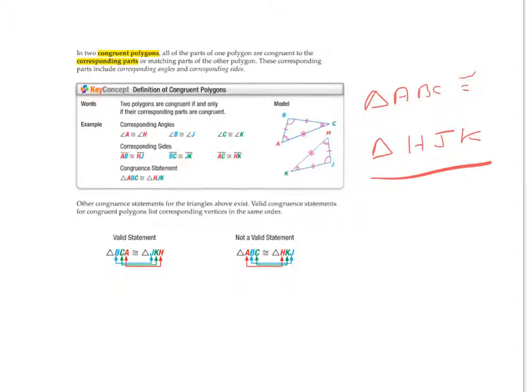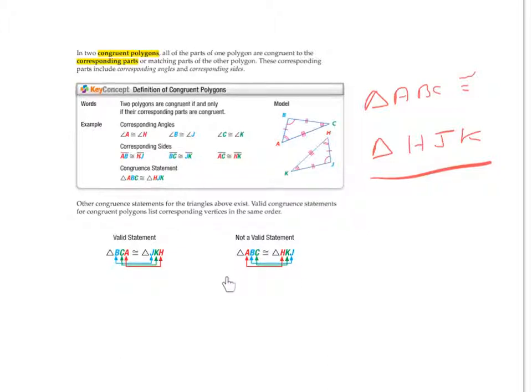That's fine. As we look down here, this is an okay way, a second way to write down this statement, because angle B corresponds to J, angle C corresponds to K, and angle A corresponds to H.